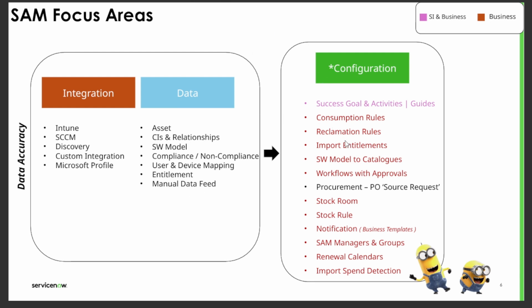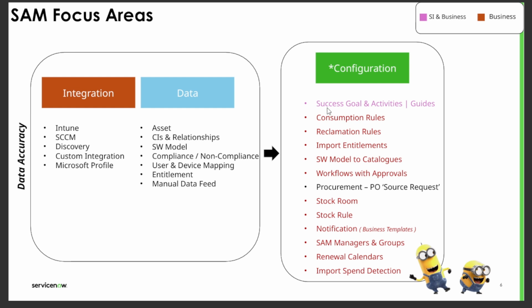Next, configuration. This is a very important part to determine which areas I need to focus on to enable the SAM solution 100%. To answer this question, these are all the items you need to focus on as prerequisites. There are two different colors I have represented here.